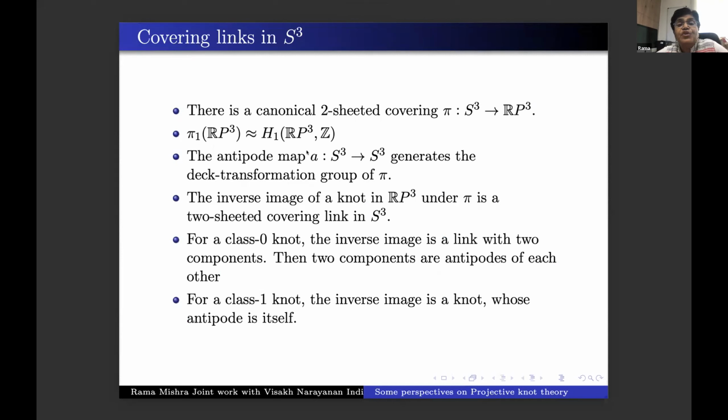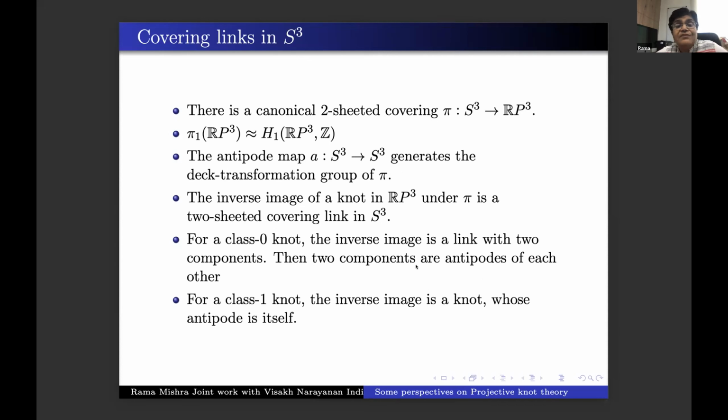The antipode map from S3 to S3 generates the group of covering transformations. If you have a knot in RP3 and take its inverse image under pi, you get a link in S3. We call that a two-sheeted covering link. For a class 0 knot, the inverse image will be a link with two components, and those components are antipodes of each other.